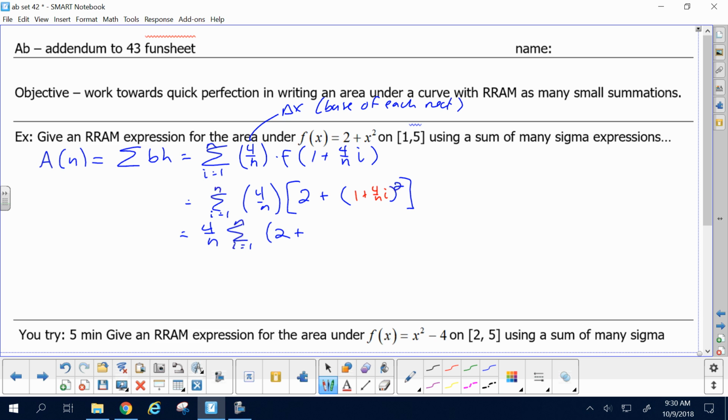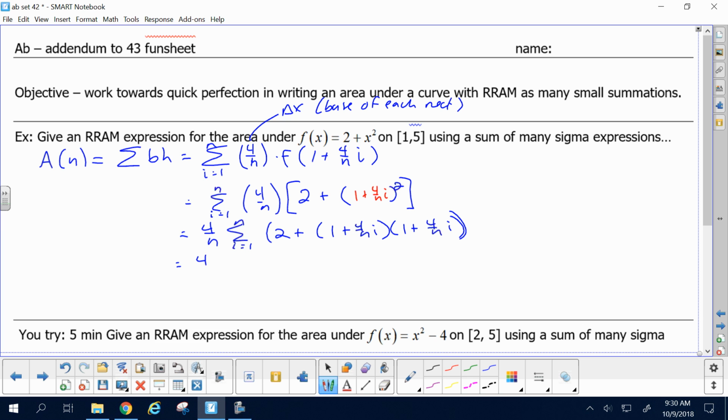You, especially with practice, can consolidate these algebra steps into less, and that's fine. I just don't want to lose you. So I'm going to pull the 4 over n out front, and I'm going to prepare to expand this. The goal being to eventually just totally blow this up into lots of little segments, right? And why you want to do that, we'll talk about that tomorrow. You with me on that stuff?